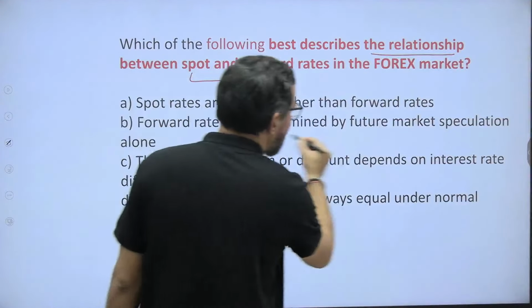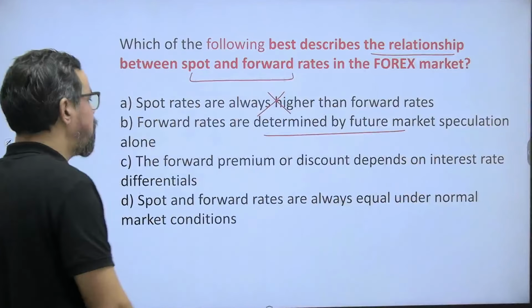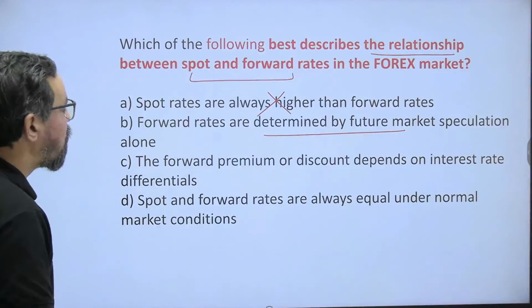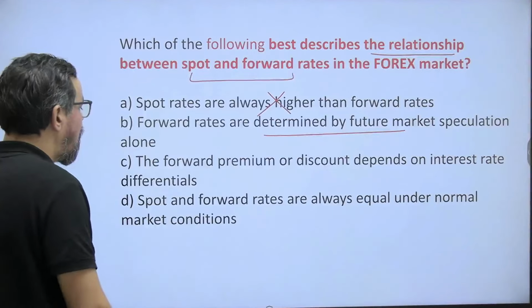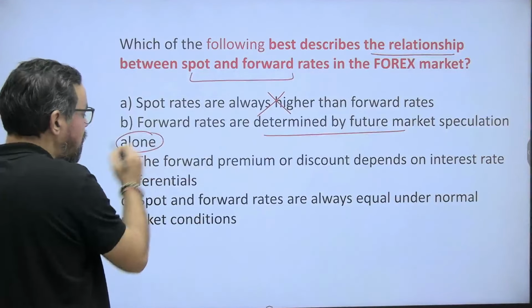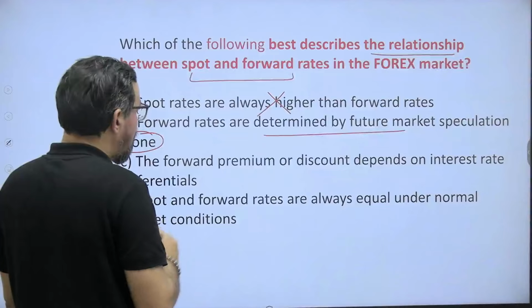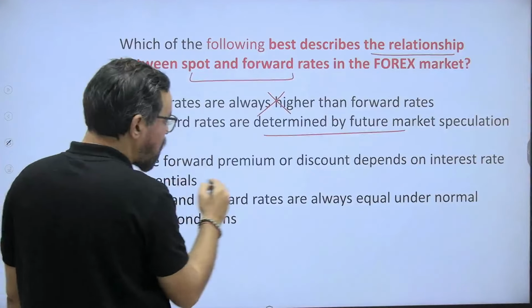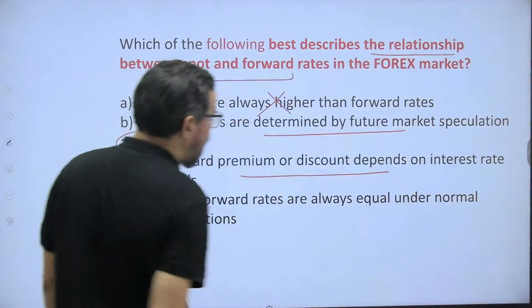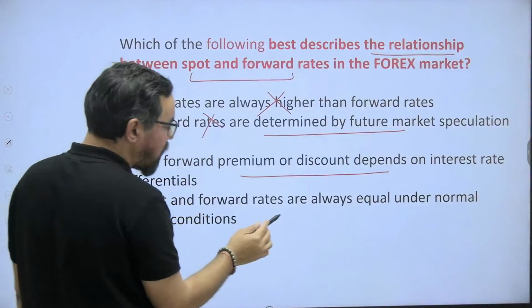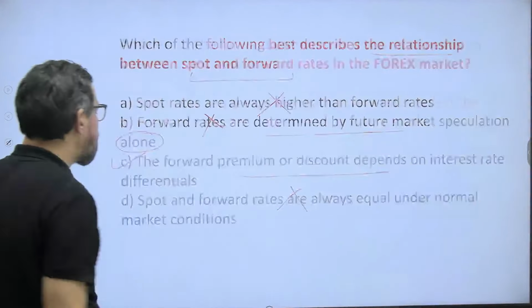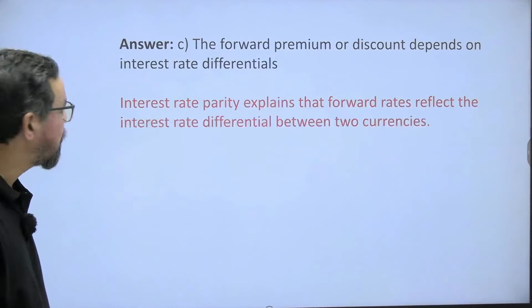Forward rates are determined by future market speculations alone. It is mentioned alone only. No, it can be one reason. So forward premium or discount depend on interest rate differentials. This is true. Spot and forward rates are always equal, no. So C should be the right answer for this particular one. Correct. Next one.